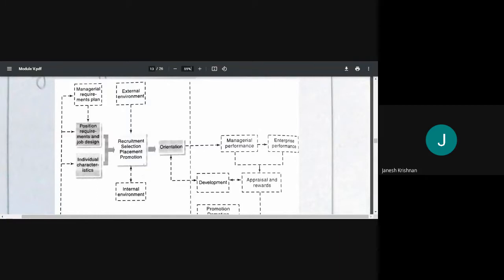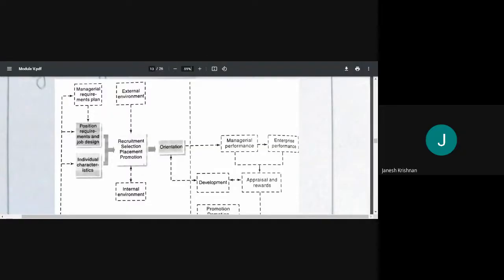Individual characteristics become the input. Then the transformation process will happen with the external environment and internal environment, both having a role: recruitment, selection, placement, and promotion. That will lead to transformation, and a new person will be selected.